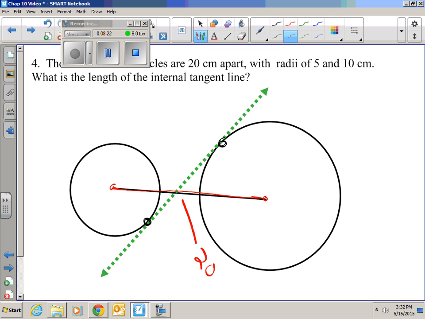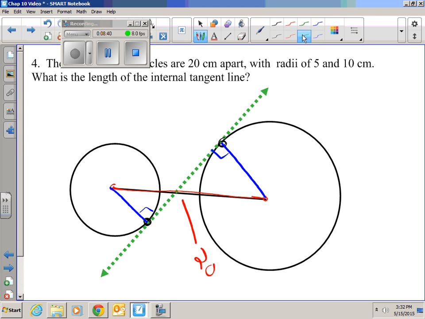Next, I'm going to do step 2 and draw my radii to the points of tangency. I do know that that is a right angle. I'm going to draw the same thing right here. That is a right angle. I am now going to do step 3.